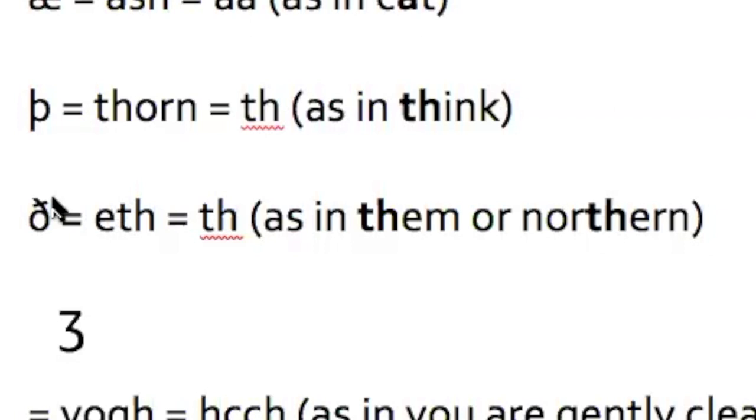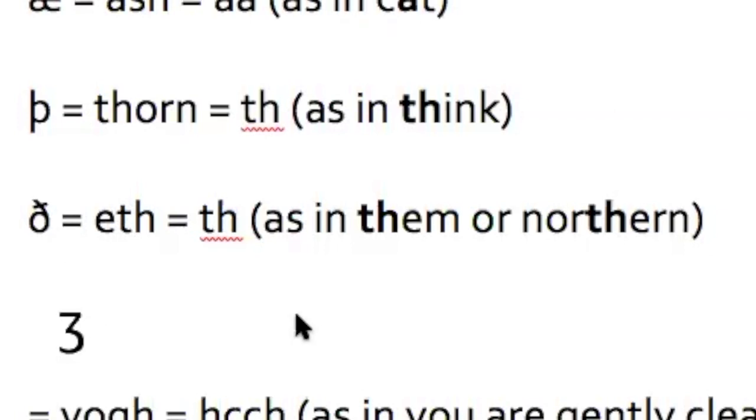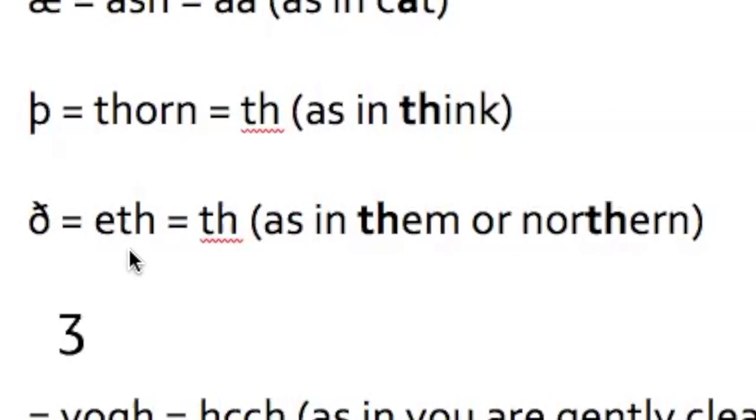That's called the eth, E-T-H. That is also a TH sound, and it's the voiced TH sound, like in them or northern. Voiced, unvoiced. Think, northern. Do you hear this sort of difference? It doesn't matter if you're able to distinguish so clearly between the two TH sounds. It's fine with me. If you see either one of these, it's th.